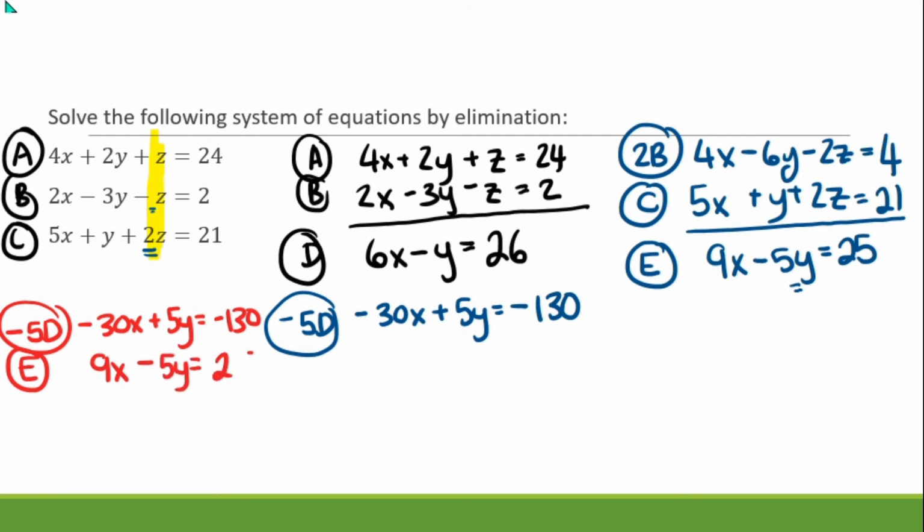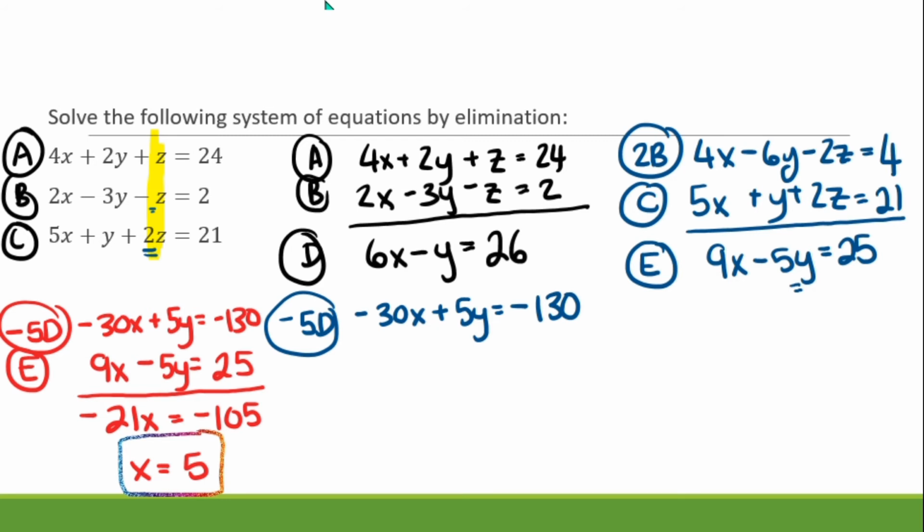It's looking grim right now, but I can promise you these usually turn out to have nice integers as the answers. All right, so negative 21x is going to equal negative 105. And if I divide negative 105 by negative 21, I'm going to find x is equal to 5. There we go. Found one of our answers.